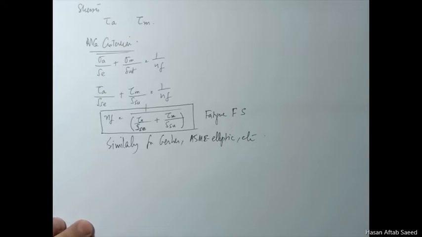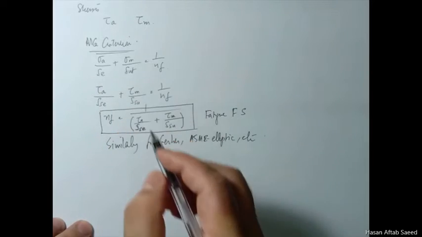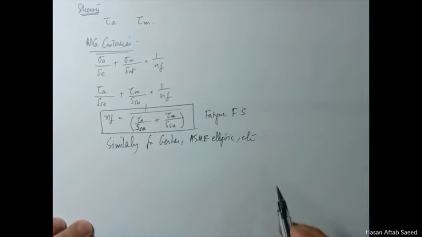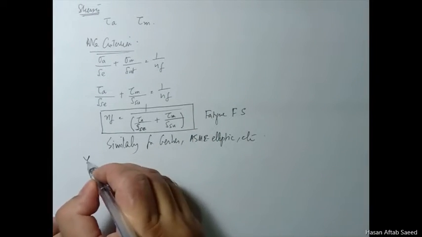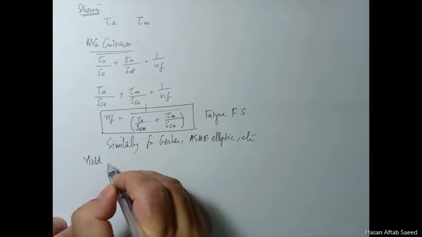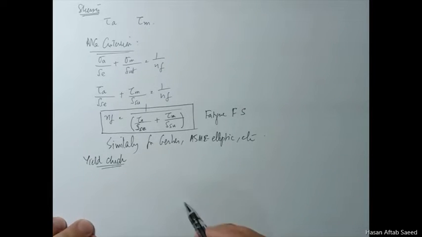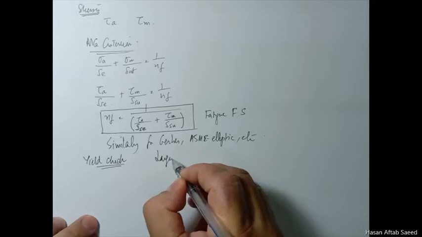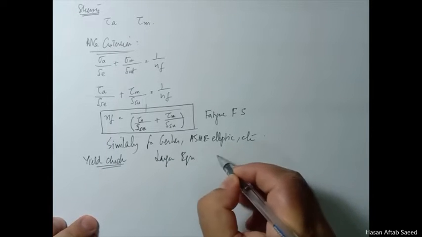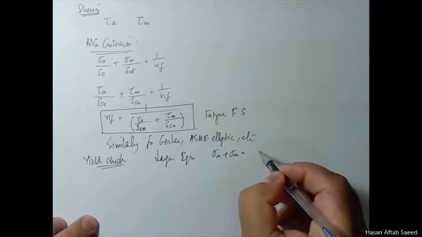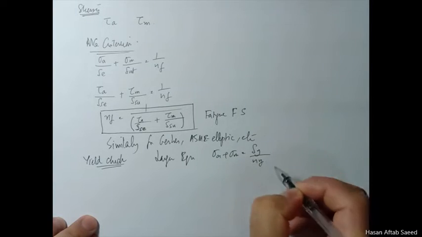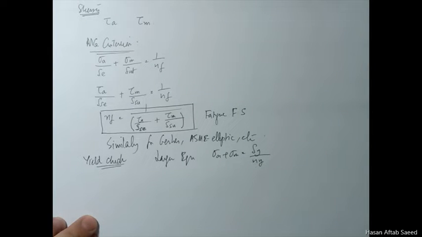Now, at the end, even if it's a question of fatigue, it's good practice to check yield. And if you recall the original Langer equation, that was sigma A plus sigma M is equal to SY over ny. This is the yield factor of safety.